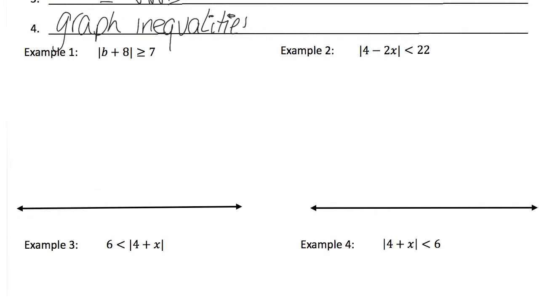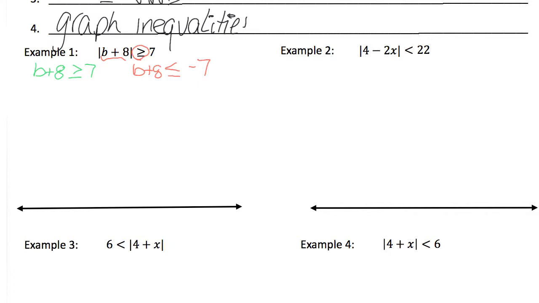So example 1, we have to separate them. So this becomes b plus 8 is greater than or equal to 7. And it also becomes b plus 8, so we just bring this down. Now we have to flip our sign. So now it becomes less than or equal to, and make that positive 7 into a negative 7.